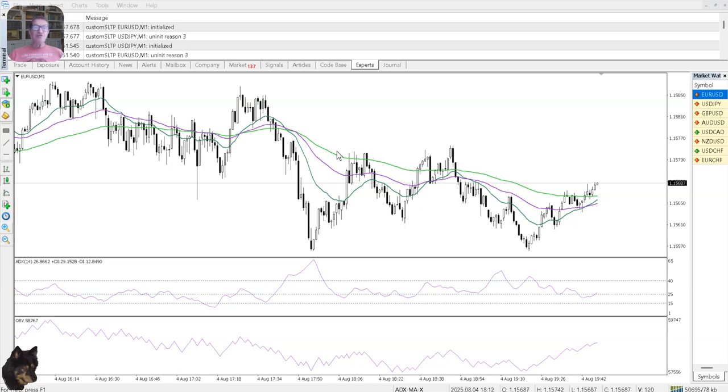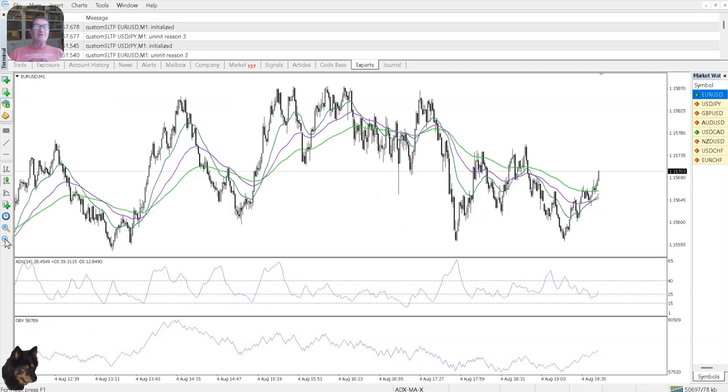Now, as you look at this chart right here, obviously there are certain indicators at this point in time we don't need. If I were to shrink this down a bit, you'll see that whenever the 20 is below the 100, so is the 50. Whenever the 20 is above, so is the 50.